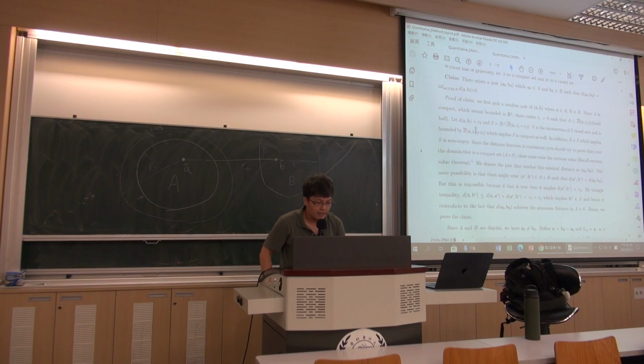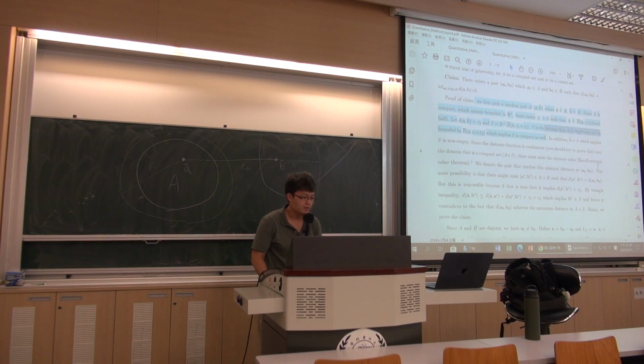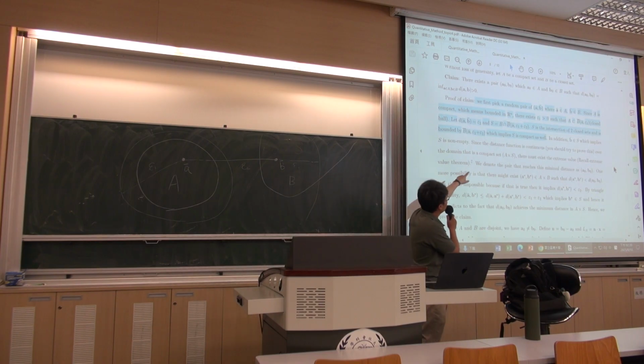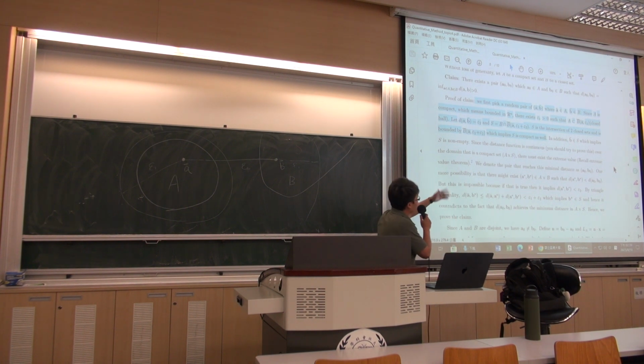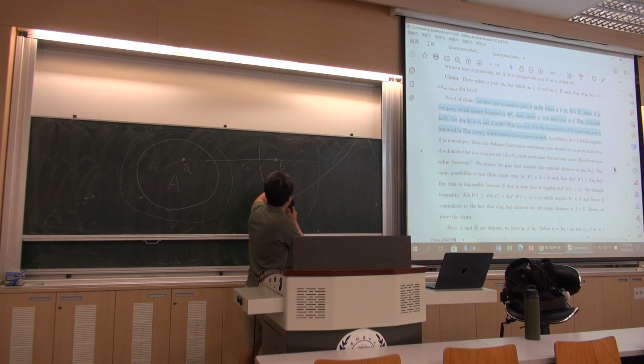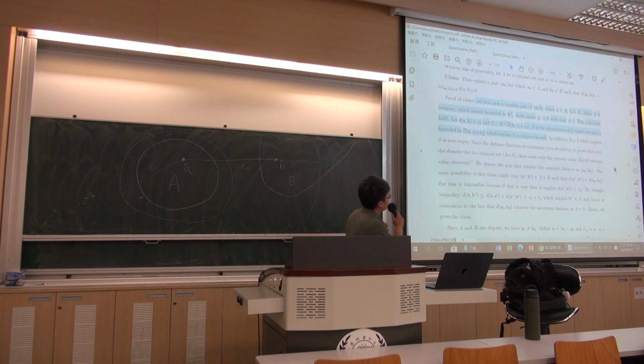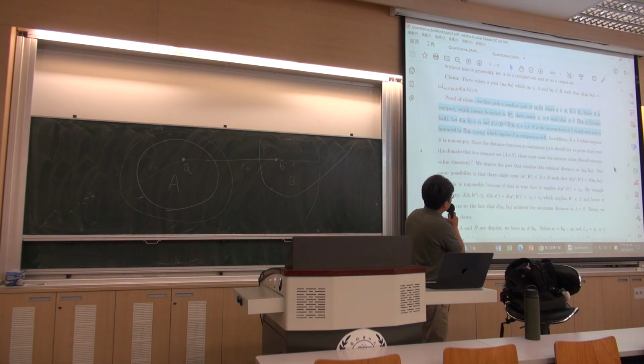That is the step from the beginning to here, and that also implies S is compact as well. In addition, S is non-empty because we can always find B bar in it.